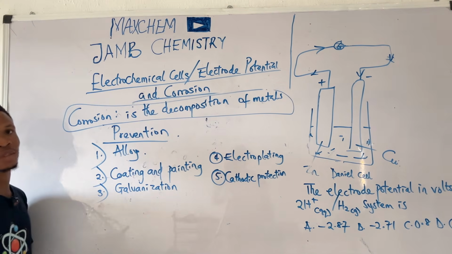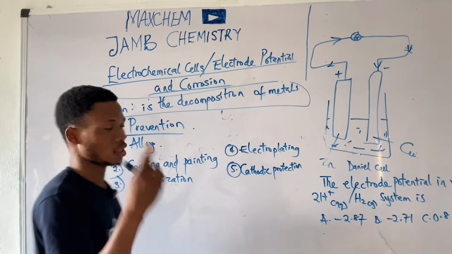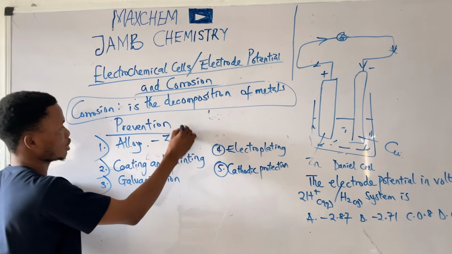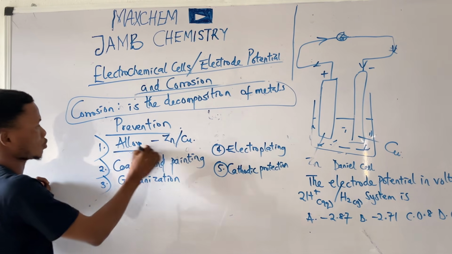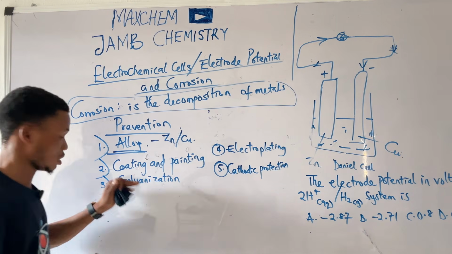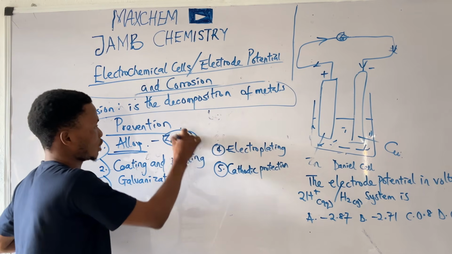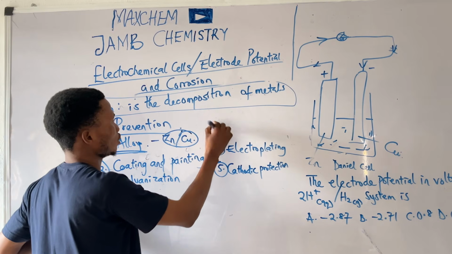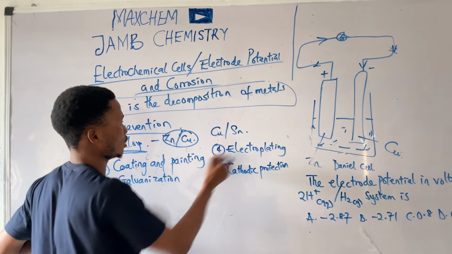Alloy is when we mix two metals together. For example, you can do zinc and copper together. In one of our videos, I gave some examples of alloy. We have copper and zinc together like this, and for example bronze, that is copper and tin.